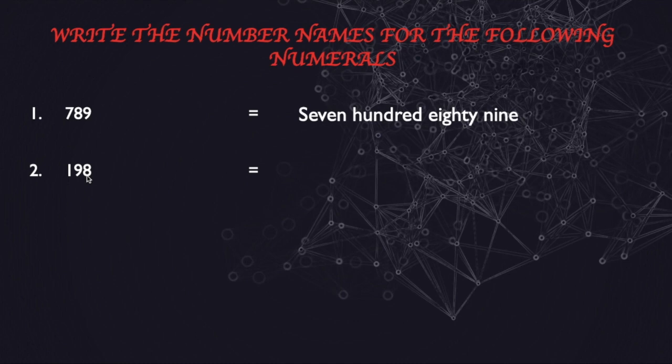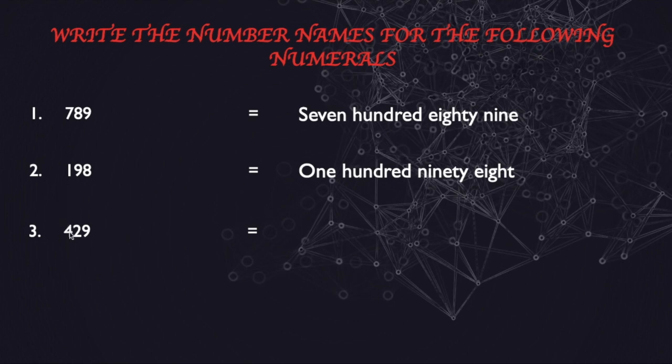198. So 8 is in ones place, 9 is in tens place, and 1 is in hundreds place. So the answer will be 198. Third one, we have 429. Same way here, 9 is in ones place, 2 is in tens place, which makes it as 29, and 4 is in hundreds place.